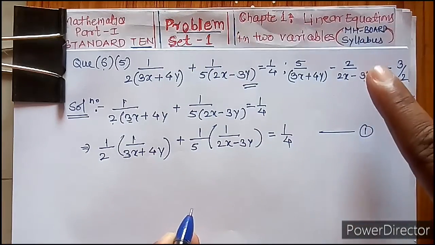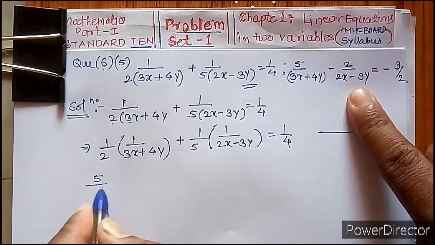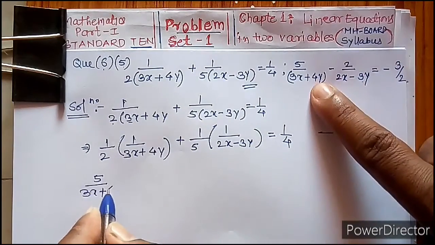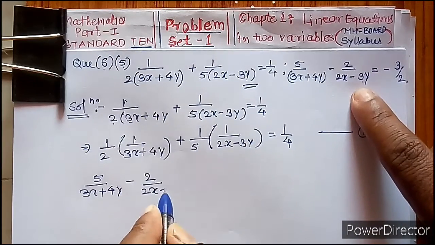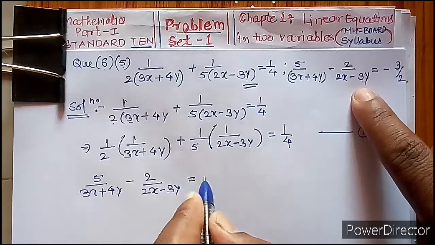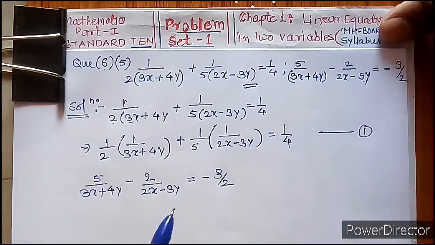Now write down the second equation, which is 5 by (3x + 4y) minus 2 by (2x - 3y) equals minus 3 by 2. We have written down this equation as it is.